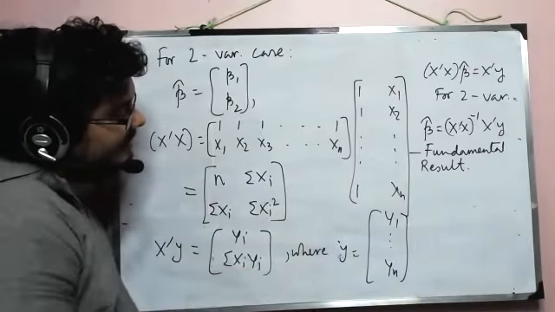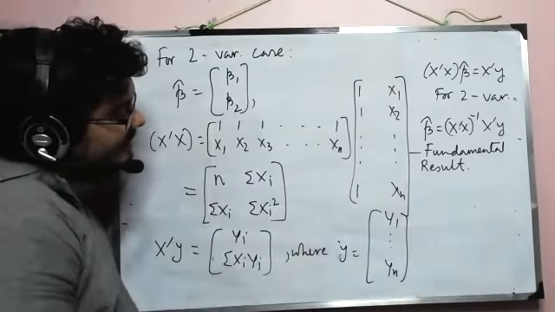If you can remember how we worked out the variance of beta in our proof of Gauss-Markov theorem for the two-variable regression model, you will see that the approach remains identical. We are trying to find this, and then we'll go for the variance. Okay, so this is what it is. So now we will go for the variance covariance matrix of beta hat.